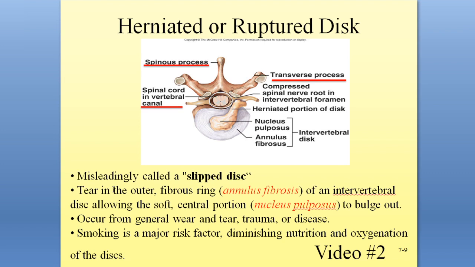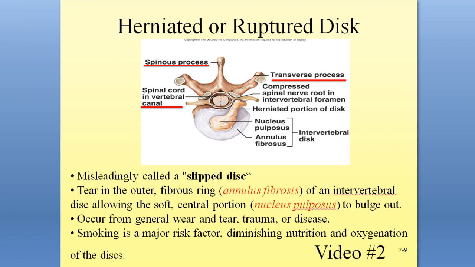What it does is smoking is a systemic problem. It's not just your lungs. So when you're thinking about cigarette smoke, don't just think about your lungs, but think about this as being a complete systemic issue. And so what happens is the cigarette smoke diminishes nutrient delivery to areas like your intervertebral discs.